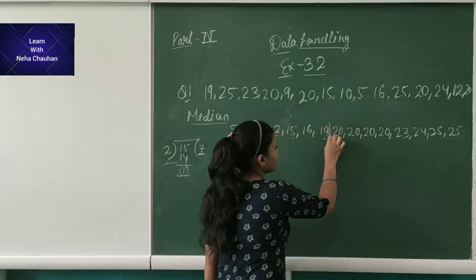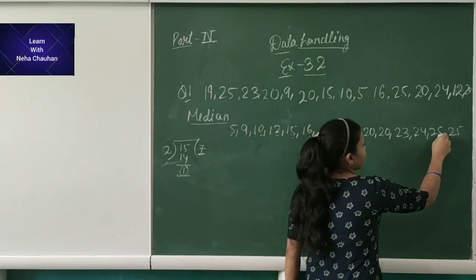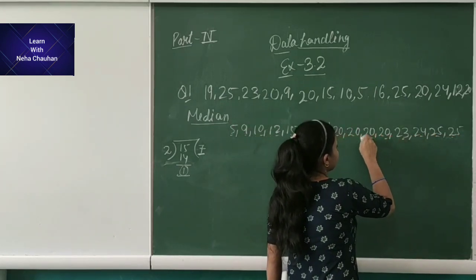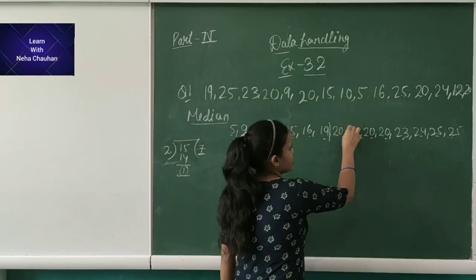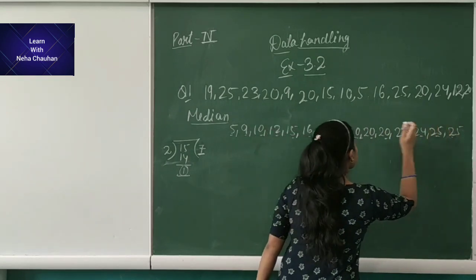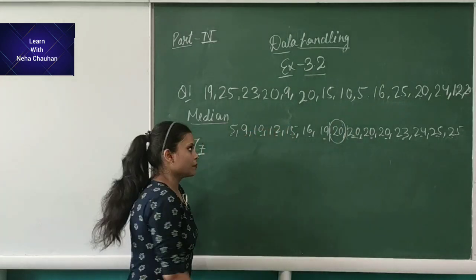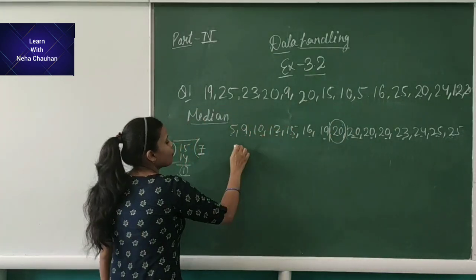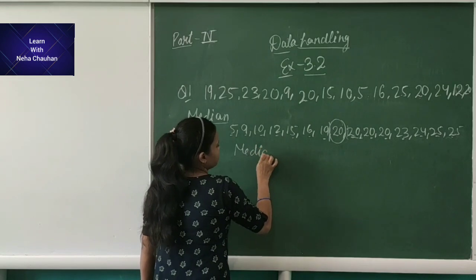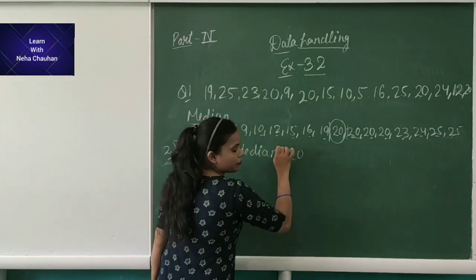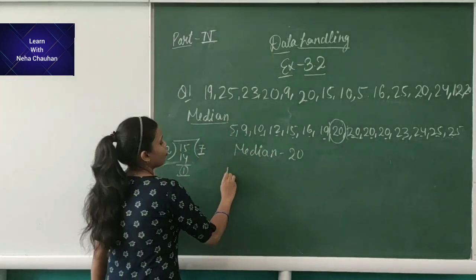We will not take these numbers. The middle number is known as the median, so for this data the median is 20.